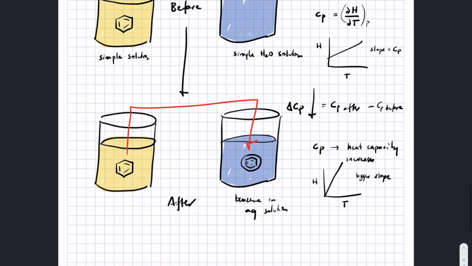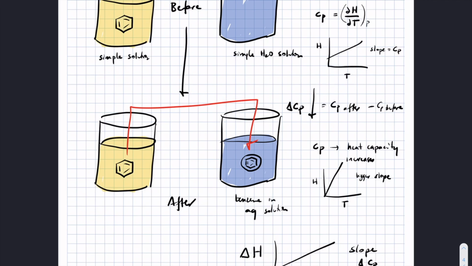Alternatively, you could take the overall change in enthalpy for this dissolving reaction and plot it versus temperature, and the slope of that plot would give you delta Cp. All right? A couple of different ways to think about it.